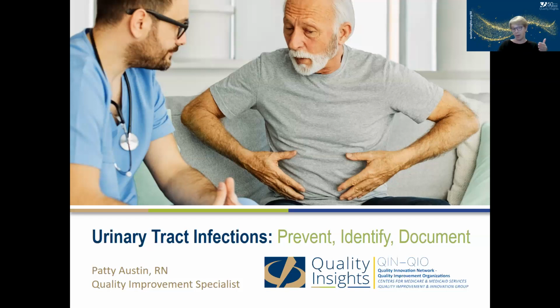Symptomatic UTI rates are lower than that 20 to 50%, but they still result in a pretty significant portion of infections in our residents and result in high antibiotic use, as well as hospitalizations and emergency room trips. Then, of course, we can't really get started without mentioning catheter use.